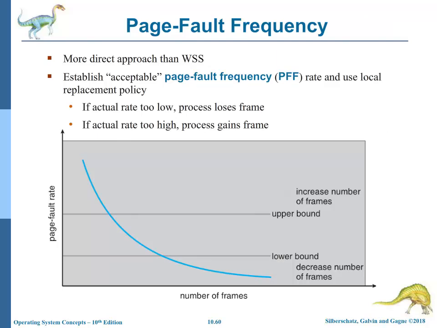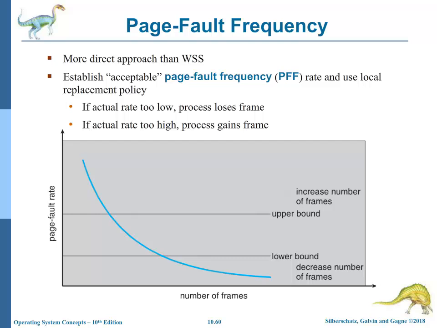Instead of the working set, to control thrashing, it is more direct and simple to work with the page fault frequency, PFF, of a process. Establish upper and lower bounds for page fault frequency.